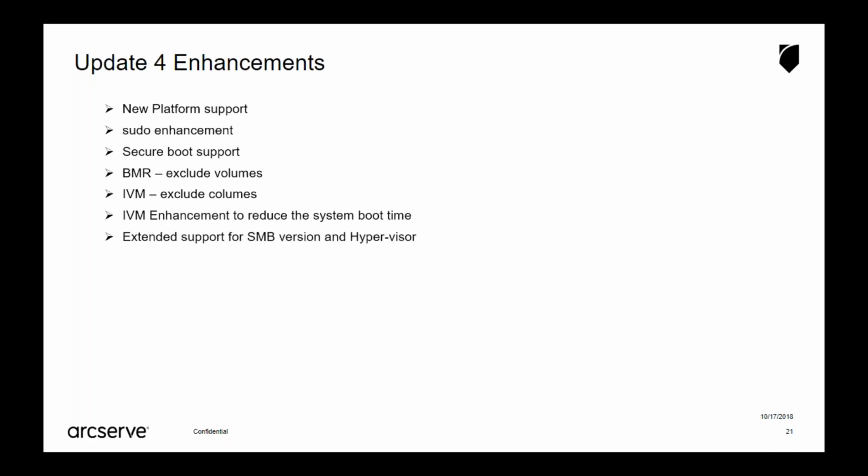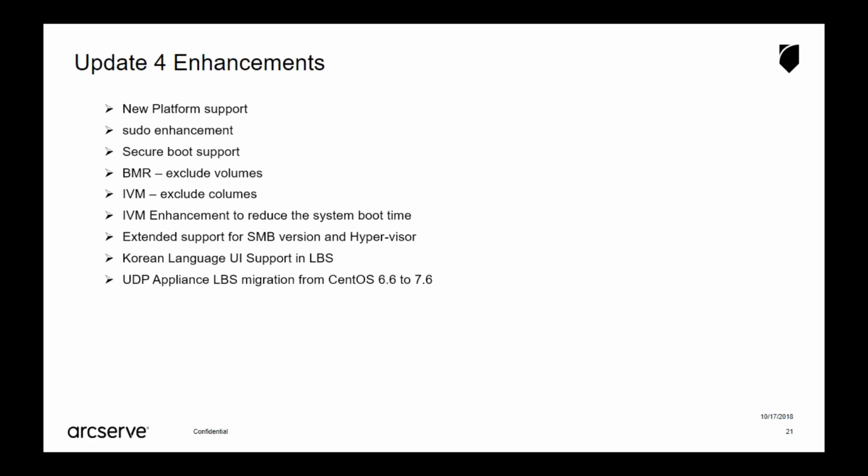We've also extended support for SMB versions 1 and 2 for the Microsoft Hyper-V hypervisor, and we've added support for 2016 hypervisors. We've added Korean language UI support in the Linux backup server alone. If you have a UDP appliance, the Linux backup server which comes on the appliance is version 6.6.